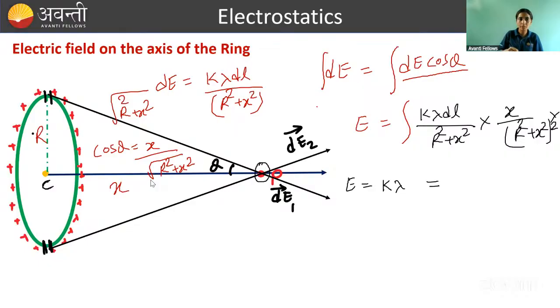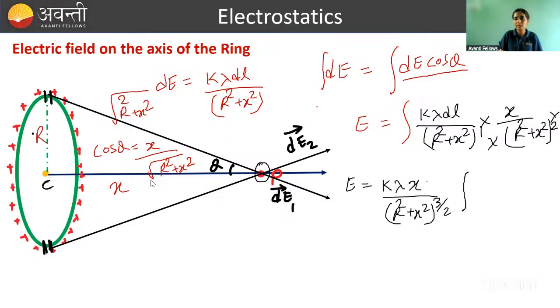So x is also constant, and r is also constant. So what power will you write for r square plus x square? 3/2, because this has a single power, this has a half power, and both are in multiplication, so the powers get added: 1 plus half, that is 3/2.